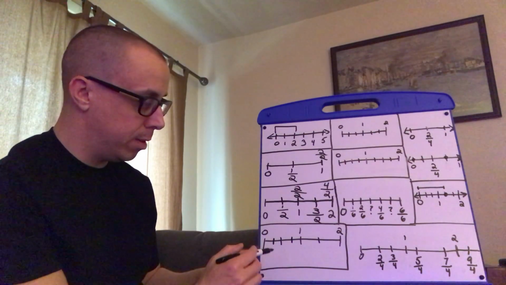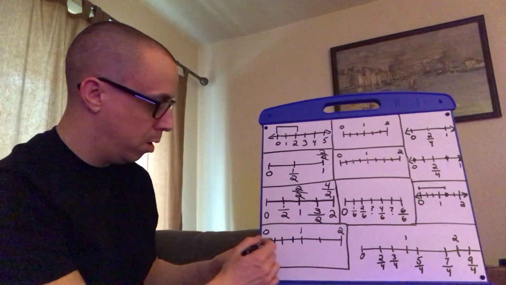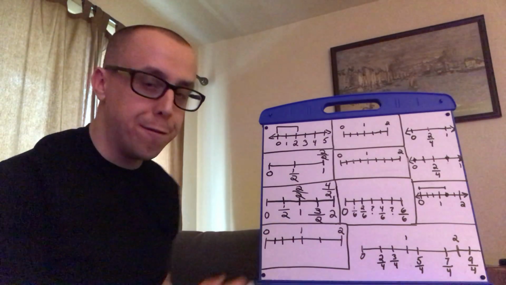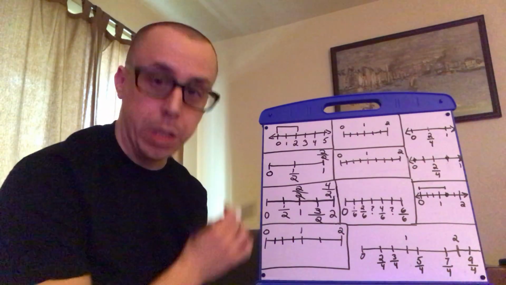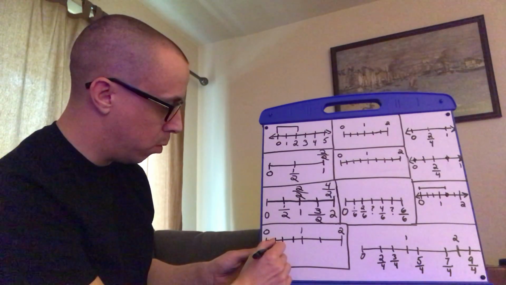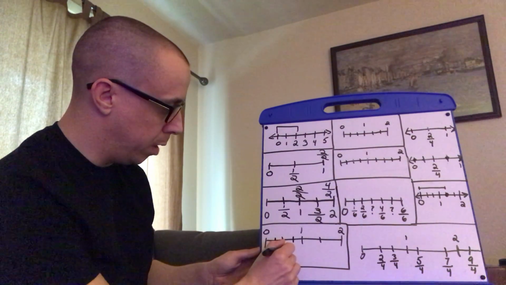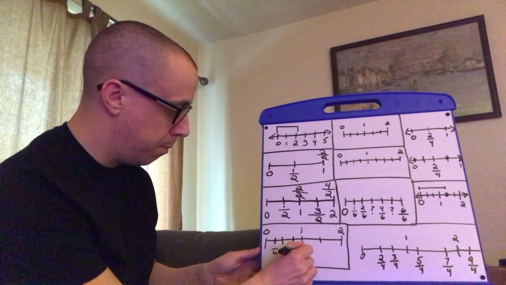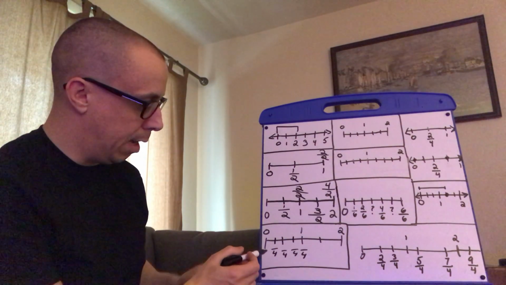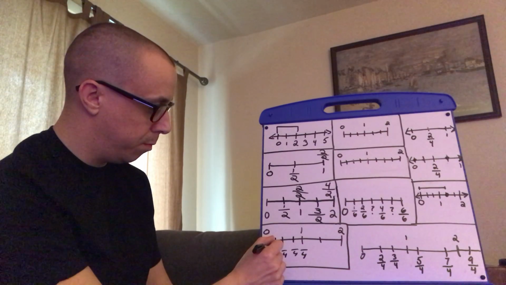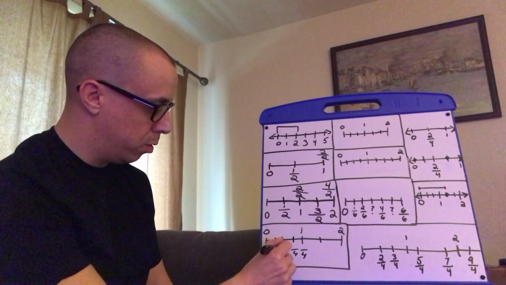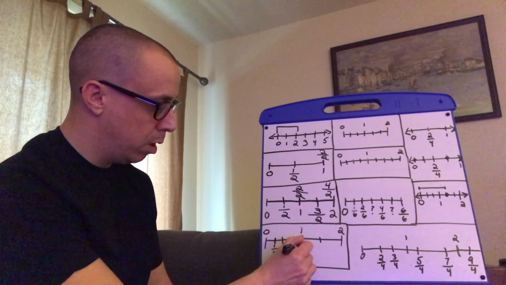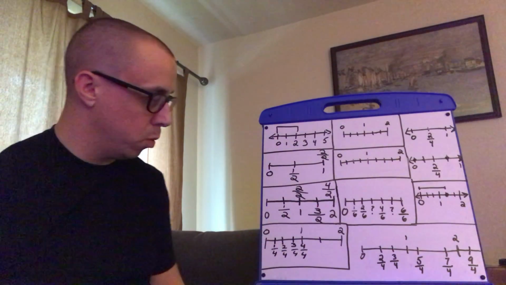Now let's count to find our denominator. We have 1, 2, 3, 4 parts between 0 and 1. That means our denominator is going to be 4 every time. So we have 1/4, 2/4, 3/4, and of course 4/4 equals 1.